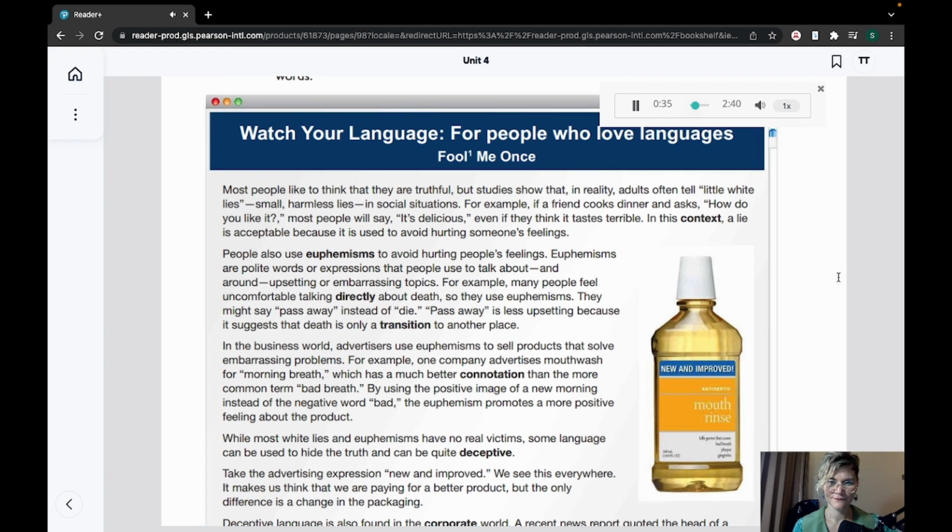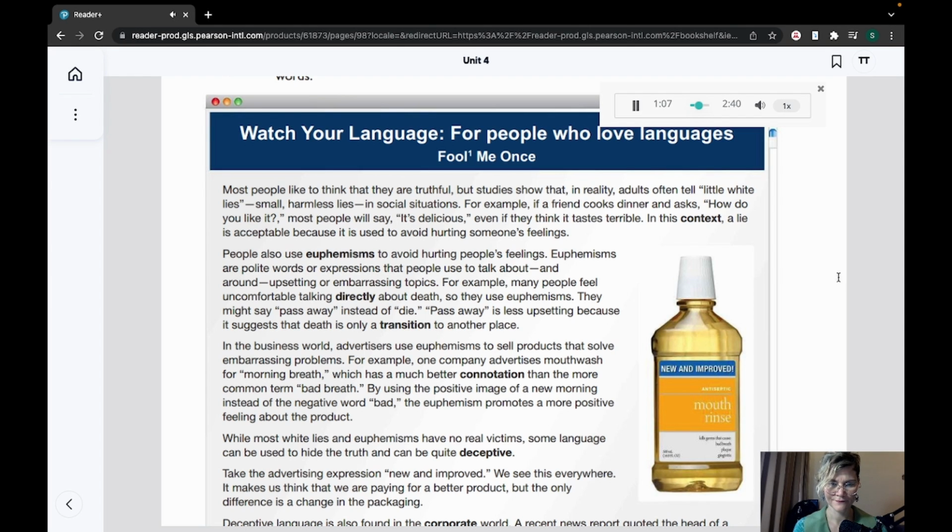People also use euphemisms to avoid hurting people's feelings. Euphemisms are polite words or expressions that people use to talk about and around upsetting or embarrassing topics. For example, many people feel uncomfortable talking directly about death, so they use euphemisms. They might say pass away instead of die. Pass away is less upsetting because it suggests that death is only a transition to another place.